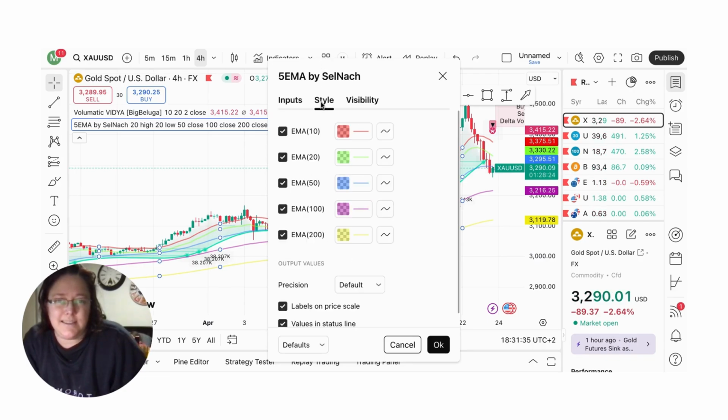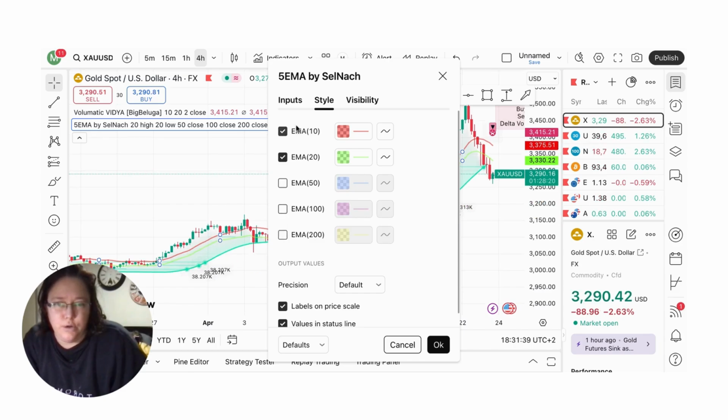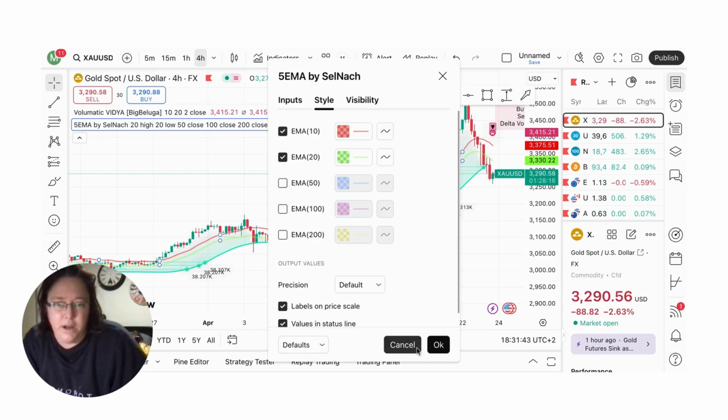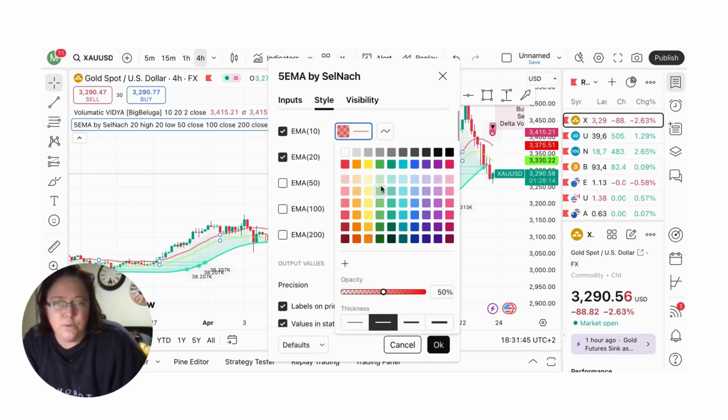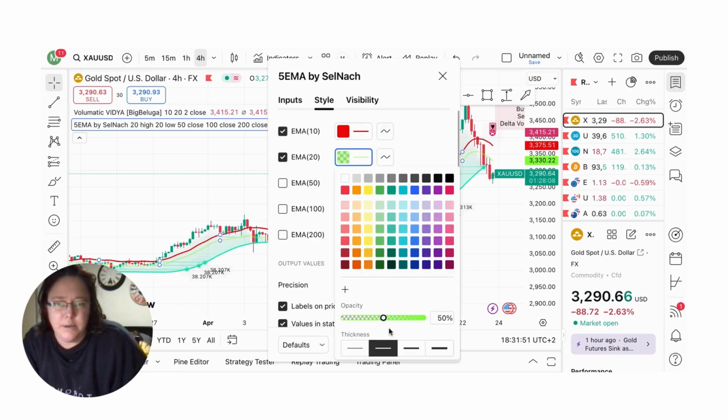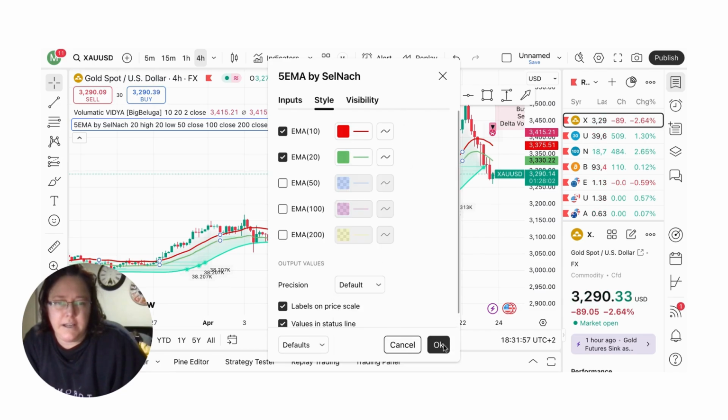Then you go to the style and you're going to switch off the 50, the 100, and the 200. Don't worry about the 10, we already changed the length to 20. You can also increase the visibility. I like a darker green personally. So there is the two, and then you click OK.